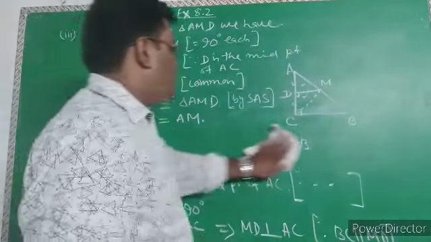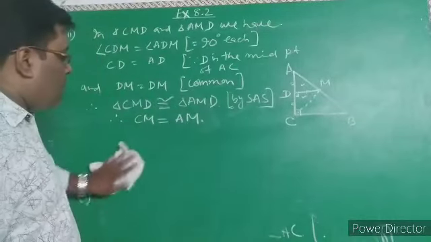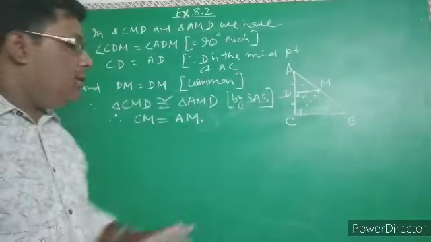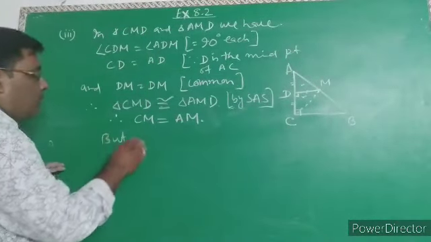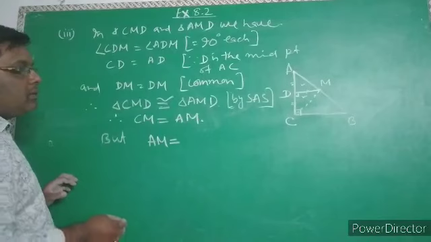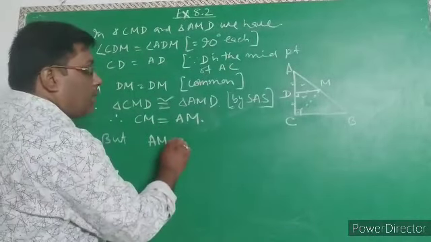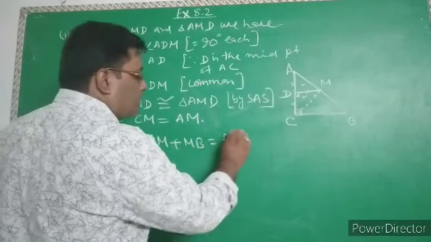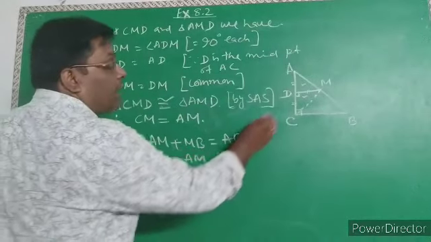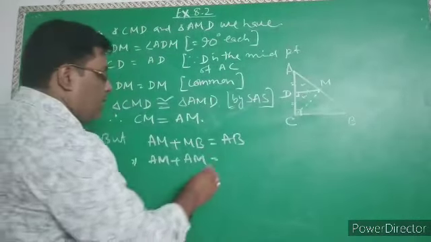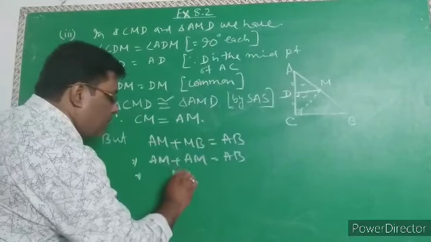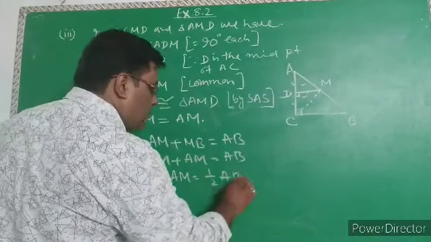So we get that CM and AM are equal. But AM plus MB is equal to AB, that is AM plus AM, as AM and MB are equal, is equal to AB, that is twice AM equal to AB, that is AM equal to half of AB.